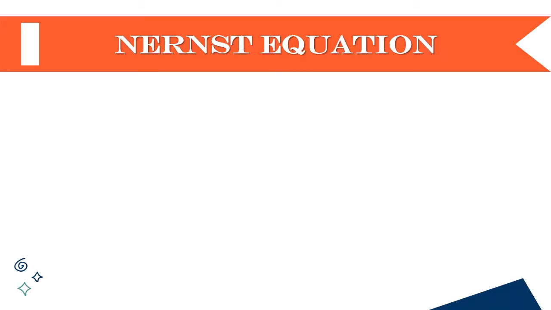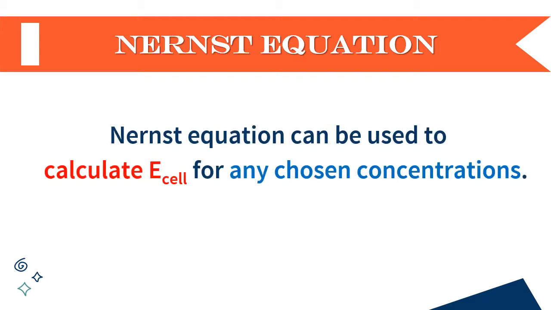So the Nernst equation. When are we going to use this Nernst equation? The Nernst equation can be used to calculate E cell for any chosen concentration. So this is not a typing error. This is as what you see. The one that we have learned for 3.1 is for E0 cell.